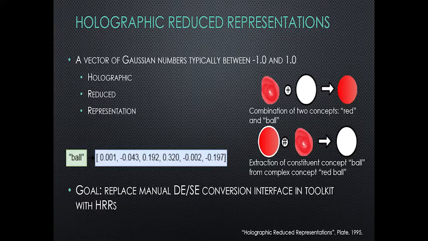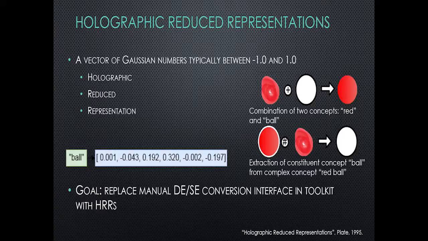But mathematically, you can combine separate concepts into a single unique concept using some of the operations it gives you. For example, if you have a unique concept for the color red and a unique concept for a ball, you can use a convolution operation to combine those into the complex concept red ball.